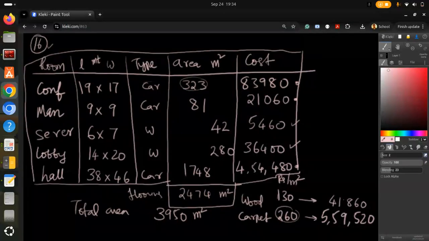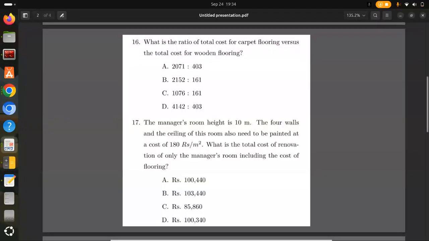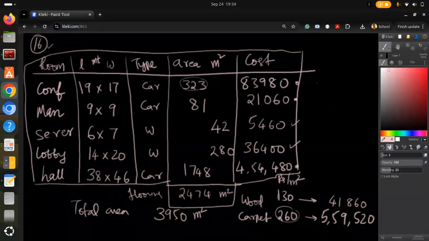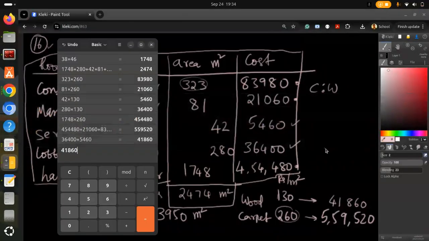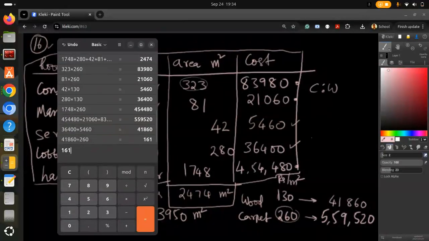So what I will do, in order to find the ratio, I need the ratio of C to W. So I'll take these two numbers and divide by 260. Okay, then we'll see what happens. So this number 41860 divided by 260 comes to 161 directly.